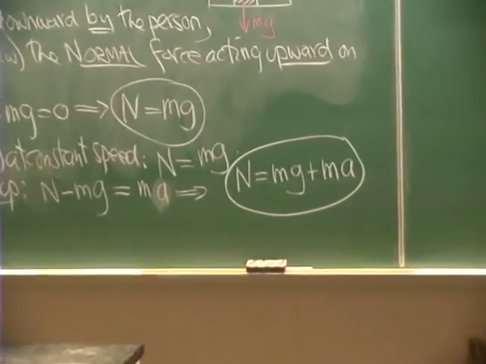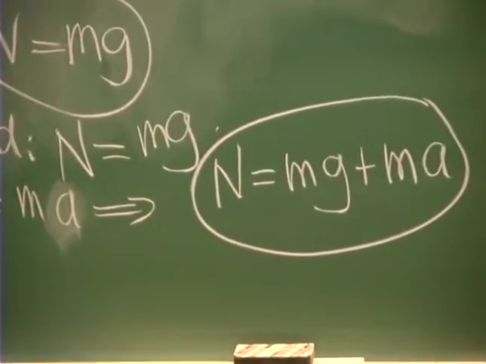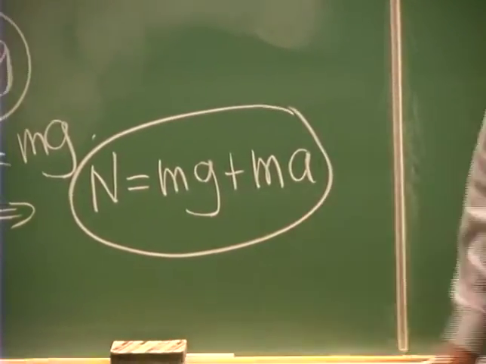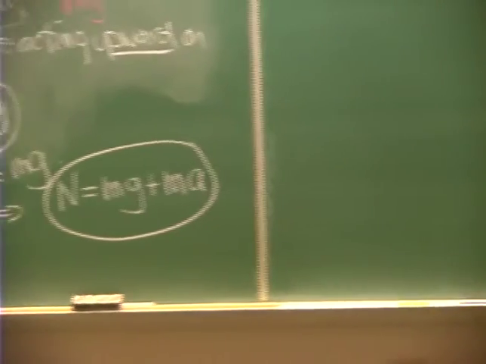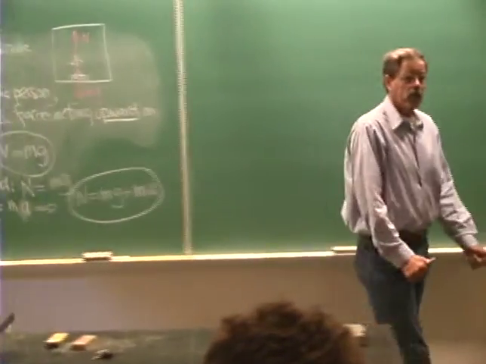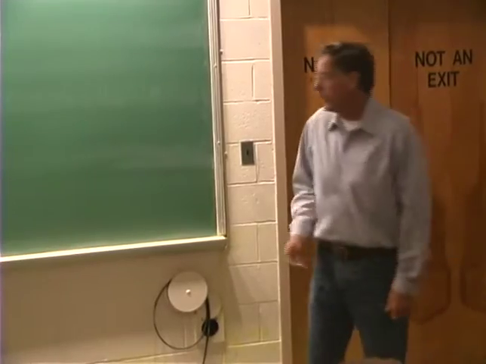So the scale now reads somewhat larger than mg, larger than his weight, and he feels kind of heavy. It's like somebody had cranked up the value of g. That's not what actually happened. It's just that the person is now accelerating, and therefore the normal force has got to be larger because it's pushing him upward.